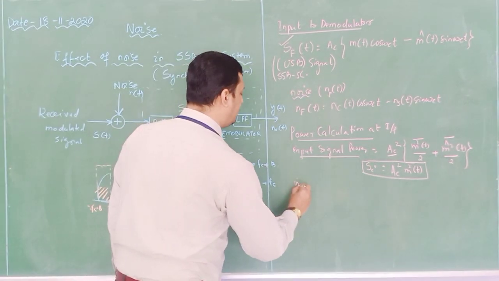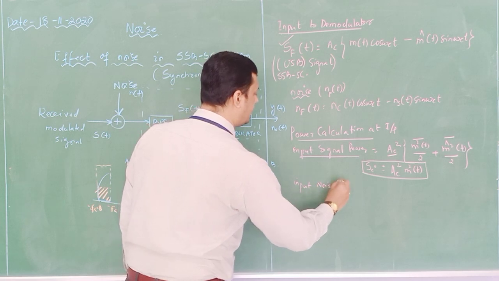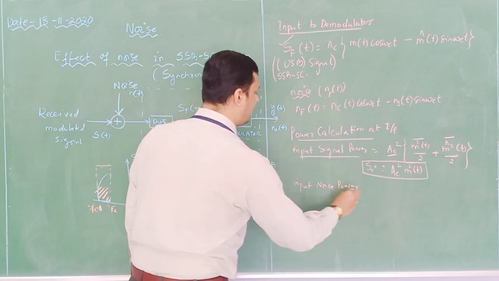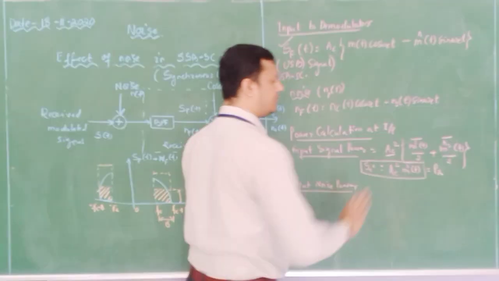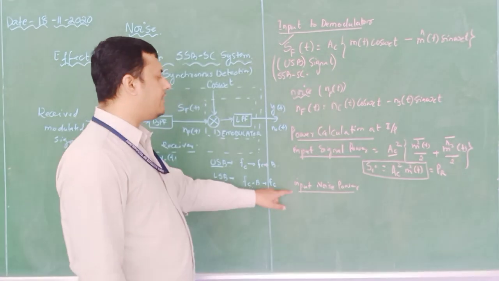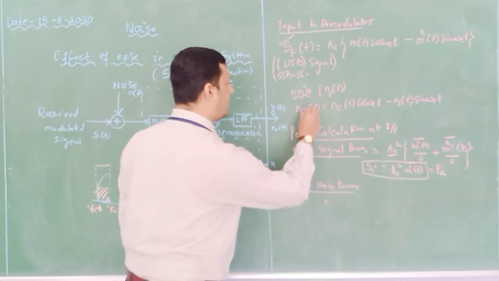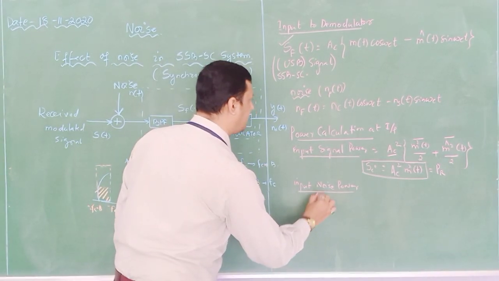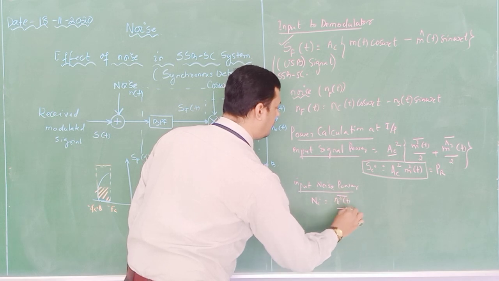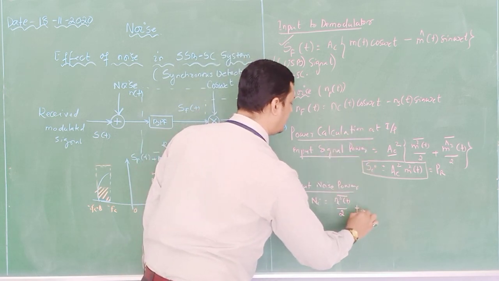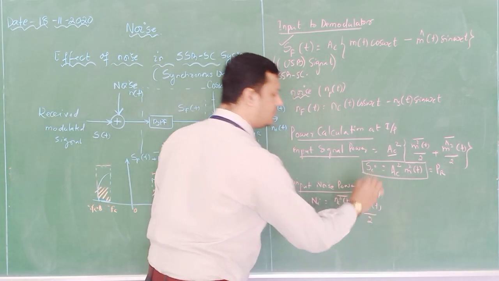Similarly, input noise power. Let us consider this as PR as a notation. Now if I determine the input noise power, I will get NC square of t whole bar divided by 2 plus NS square of t whole bar divided by 2.